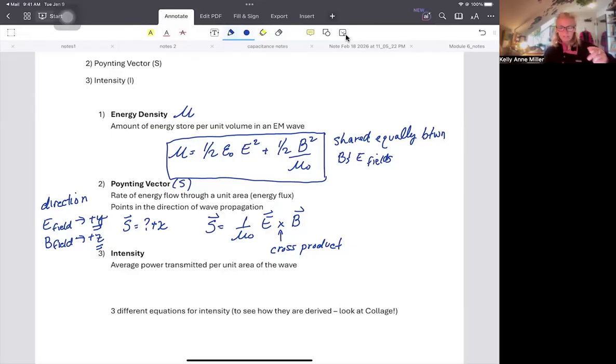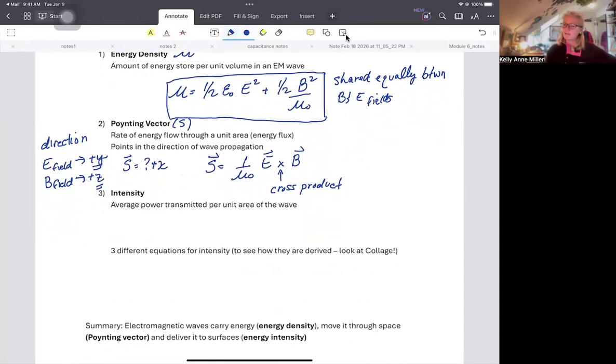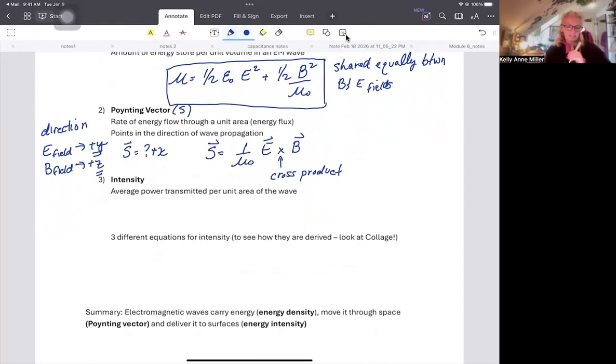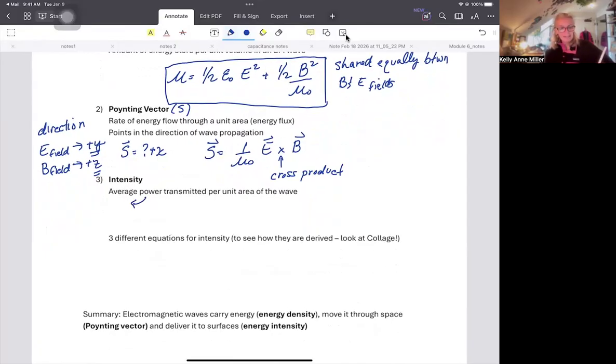These things are kind of basic definitions, so they're not that profound. The intensity is just another way of expressing energy, and it's basically the average power transmitted per unit area of the wave. Remember what power is from mechanics: power is energy divided by time.